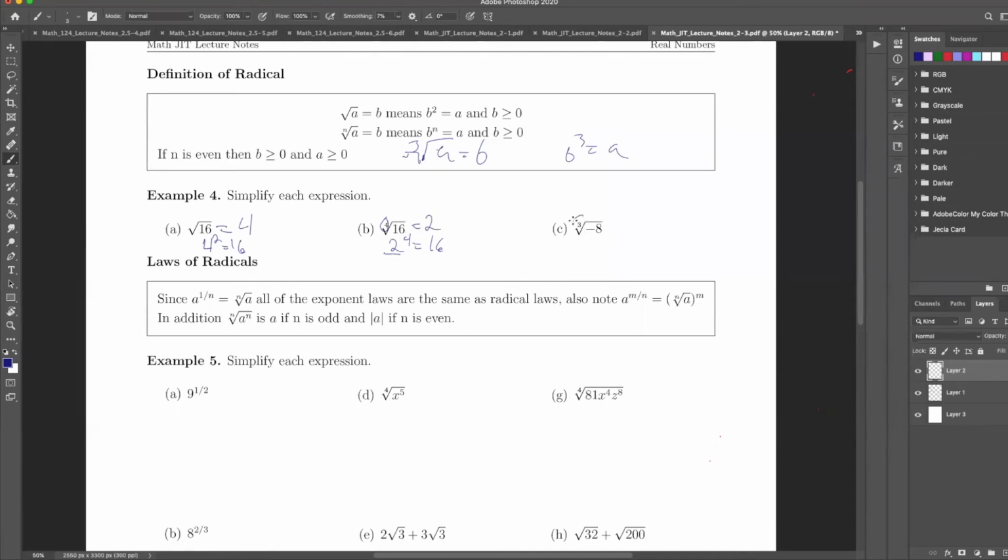Here, notice that I can't take a square root of a negative number, but if I take -2 times -2 times -2, which is equal to -2 to the 3rd, well, that's also equal to -8. And so here, I just want to show you that if it's an odd root, you can have a negative and you can take a negative root. And this actually just ends up being -2.